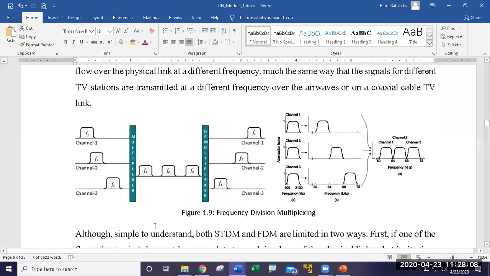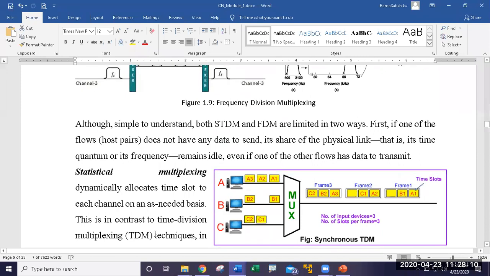So the better solution that we see is statistical multiplexing. Look here, statistical multiplexing versus synchronous multiplexing. Suppose A has 3 packets, A1, A2, A3. B has B1 and B2. C has C1 and C2.